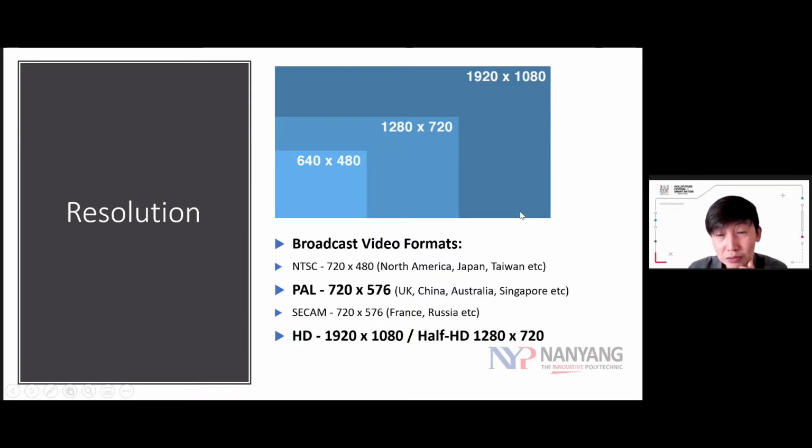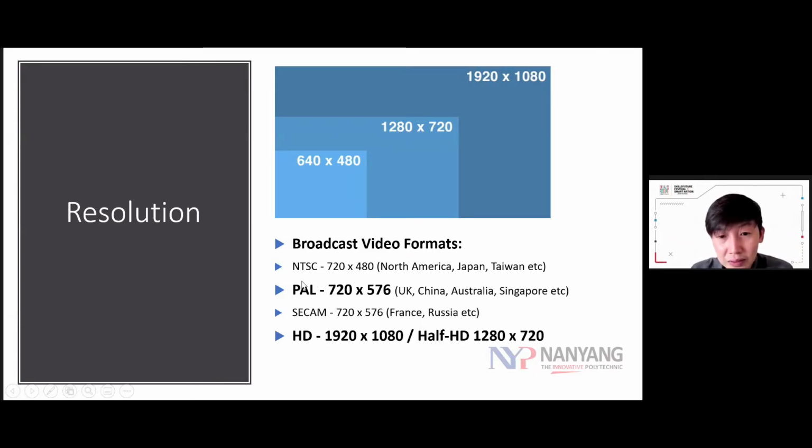For example, 640 by 480 is quite an old resolution, from before all this smart TV came about. We were watching things in a very square resolution.